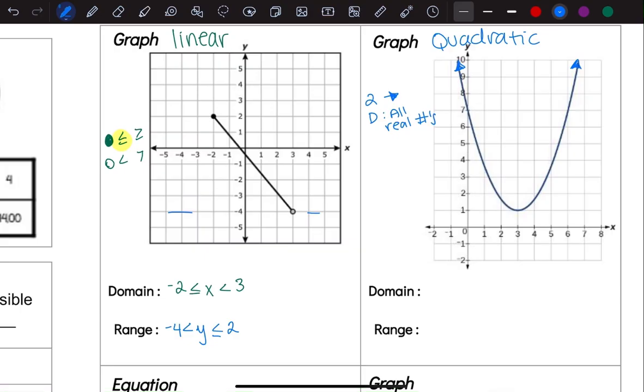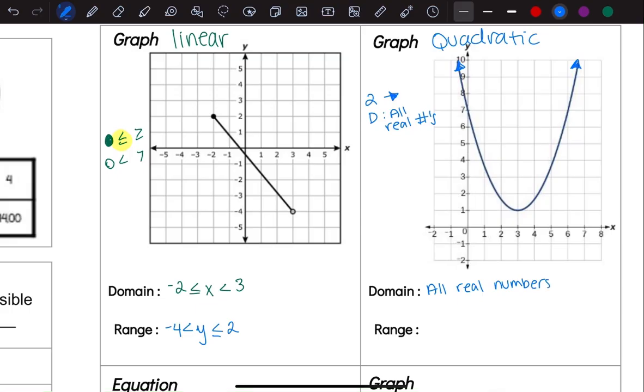Anytime you see two arrows on any function, your domain is going to be all real numbers. So since we have two arrows on this quadratic function, down here I'm going to write all real numbers.